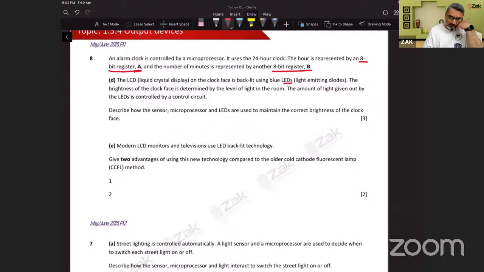The brightness of the clock face is determined by the level of light in the room. The amount of light given out by the LEDs is controlled by the control socket. Describe how sensors, microprocessor, and LEDs. This is a monitoring and control question.